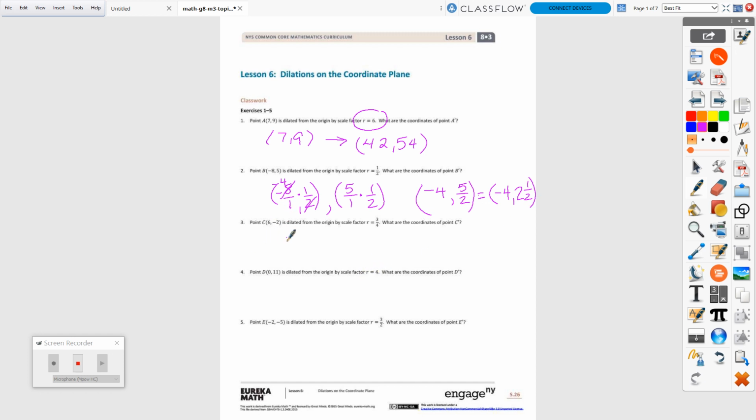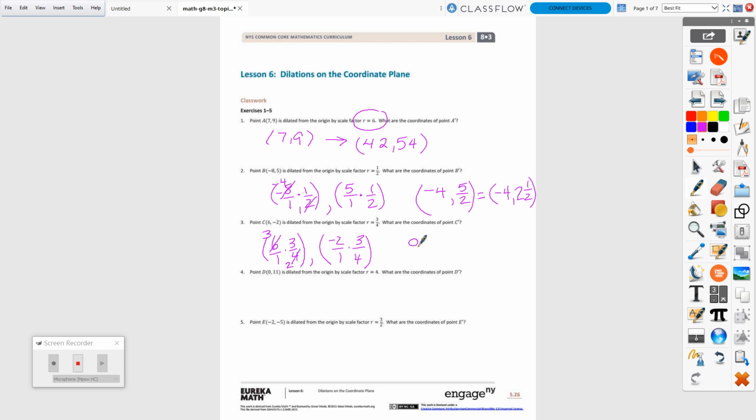Let's look at point C, (6, -2). So we're going to do the same thing on the first ordered pair. 6 over 1 times 3/4. And our second ordered pair is -2 times 3/4. We can cross cancel in the first ordered pair. 2 goes into 4 twice, and 2 goes into 6 3 times.